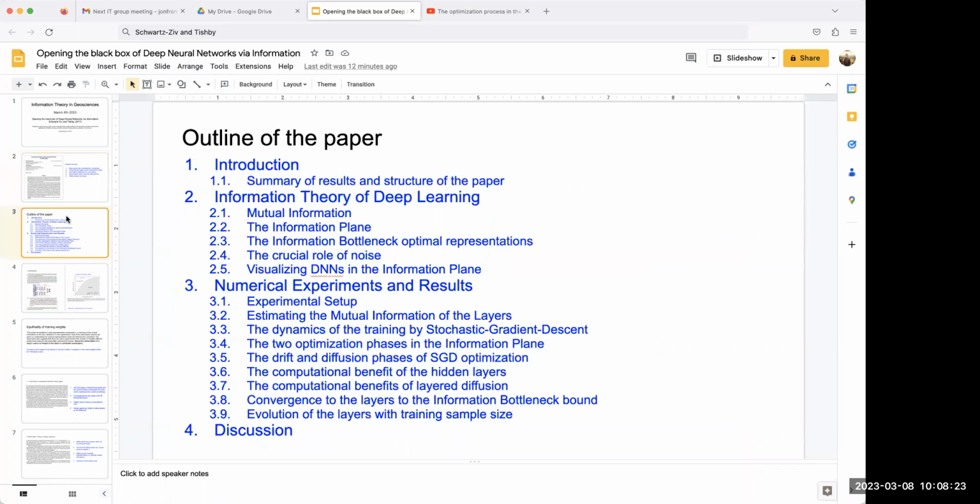This is just a brief outline of the paper. This is just all the sections of the paper, and I'll go through each one of these.